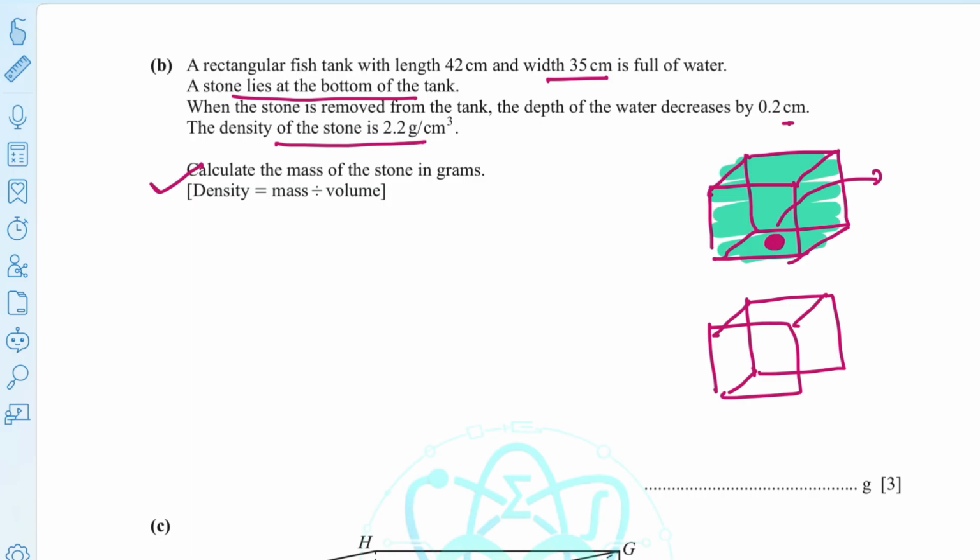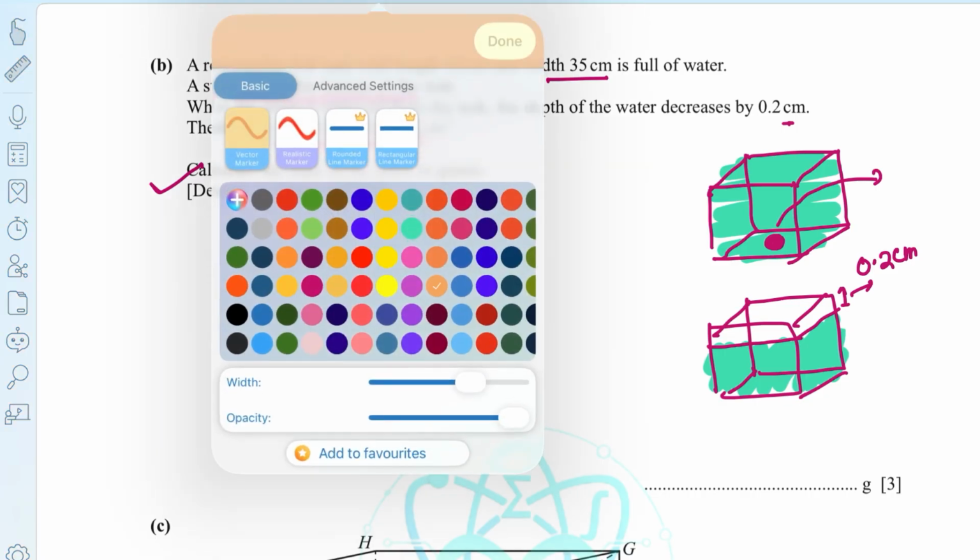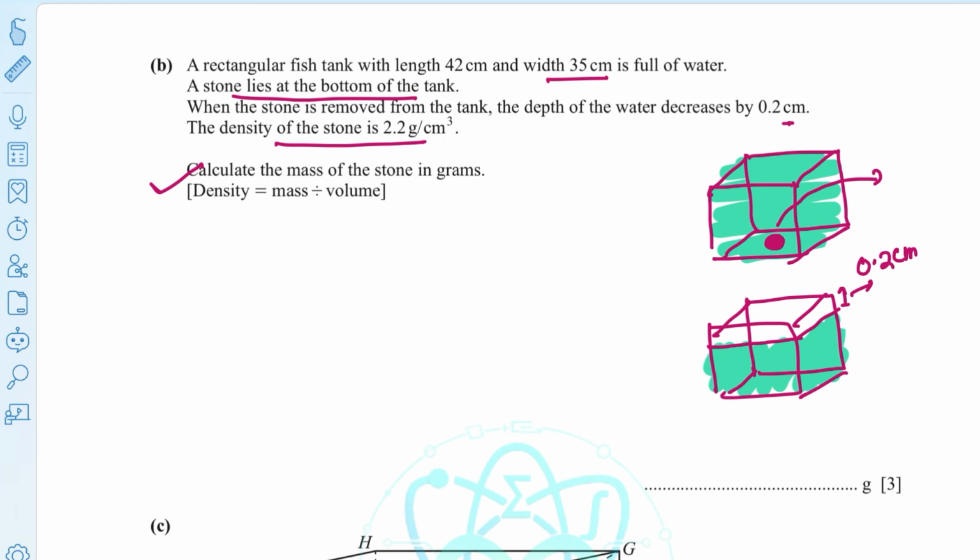dropped by 0.2 centimeters. What does it mean? Right now, the water is up to here, and this drop, as per the question, is given as 0.2 centimeters. Try to understand. So what does it mean? This means the volume of the stone was this much, which is left right now.